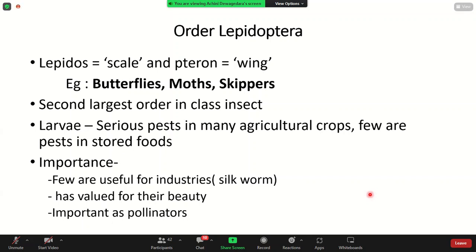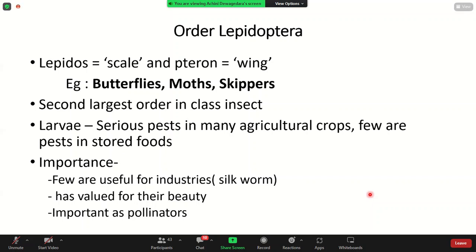This is the order to which butterflies, moths, and skippers belong. Order Lepidoptera, right? Lepidos means scales and pteron means wings. Butterflies, moths, skippers, I think you all have seen them, and they have very beautiful, attractive wings.